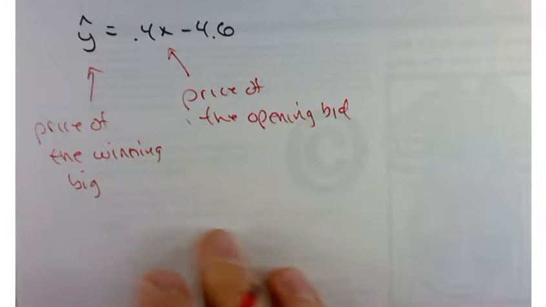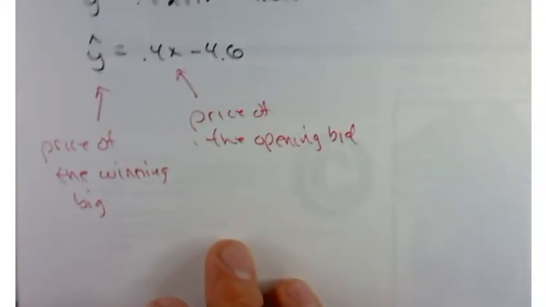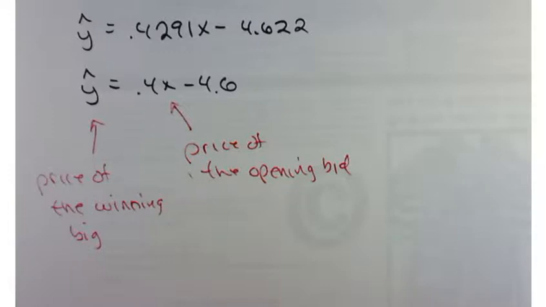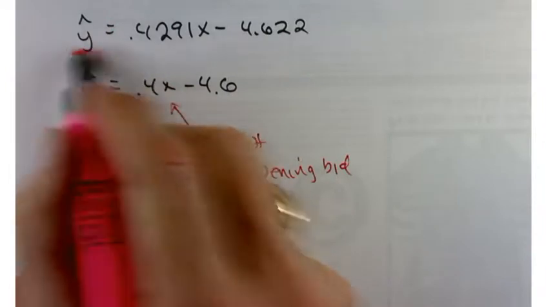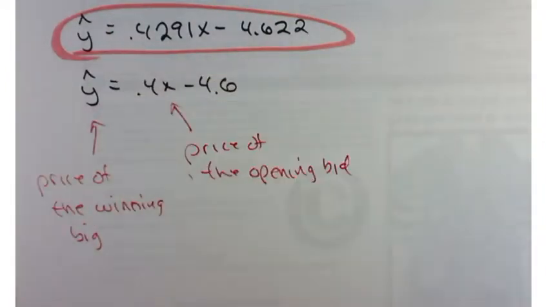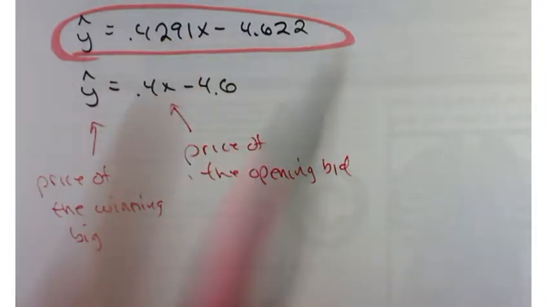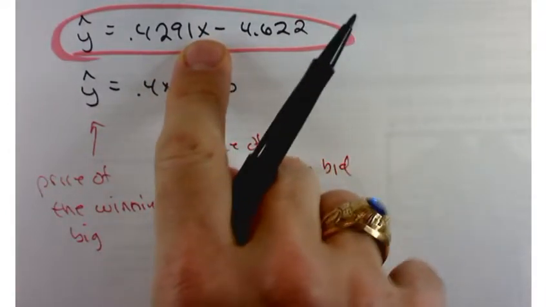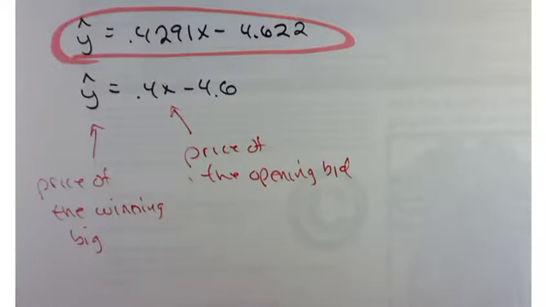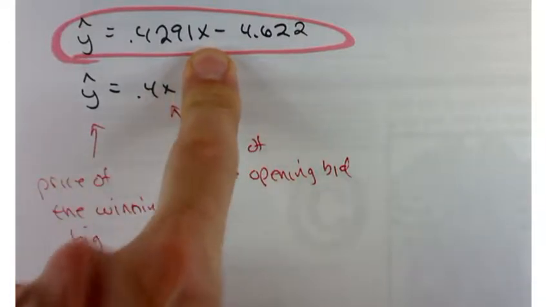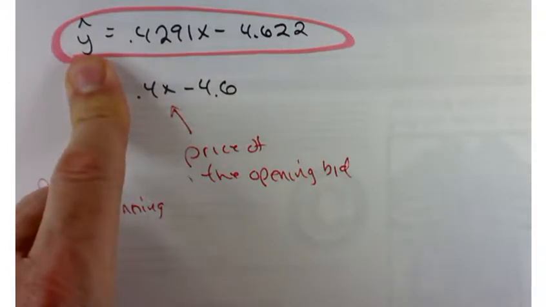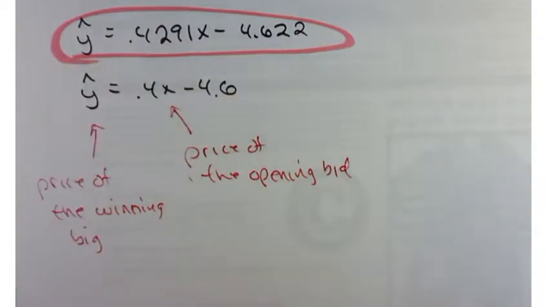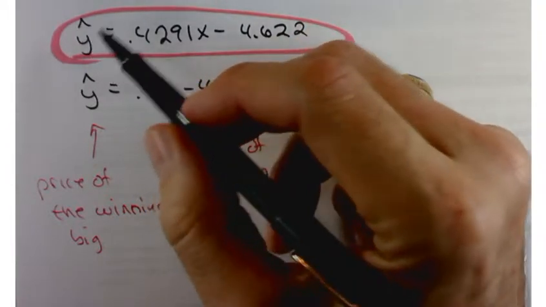But the slope and response are still going to be the same. Let's see if we can put that into words. For every additional dollar that you have here as part of the price of the opening bid, what's the effect on the winning bid? For every extra dollar here, what's the response here? Increased by how much? Yeah, about 43 cents, the slope, right?